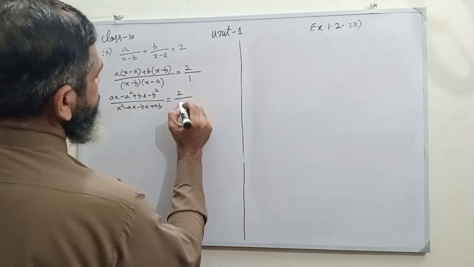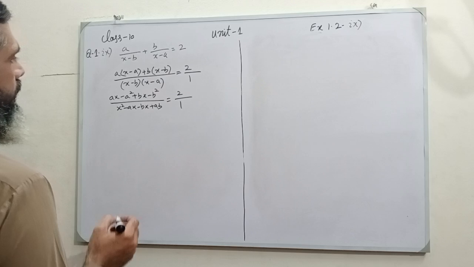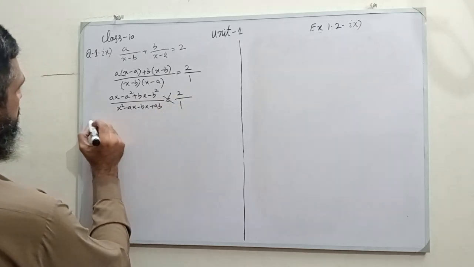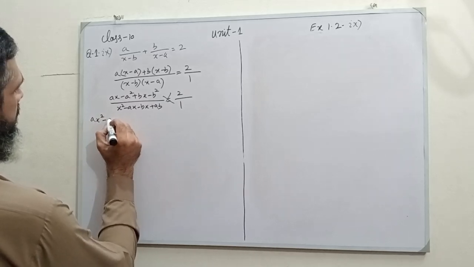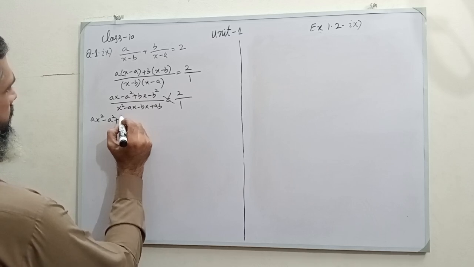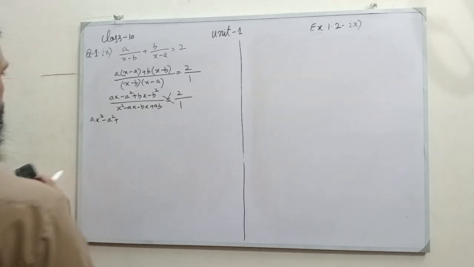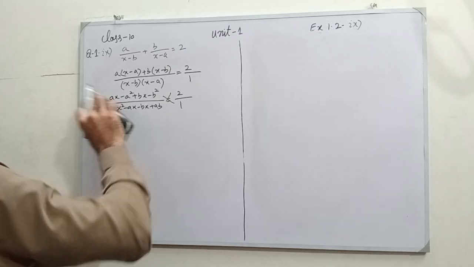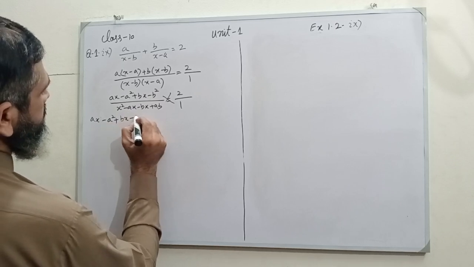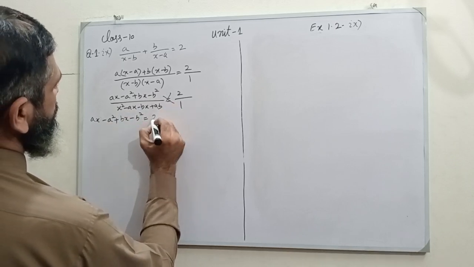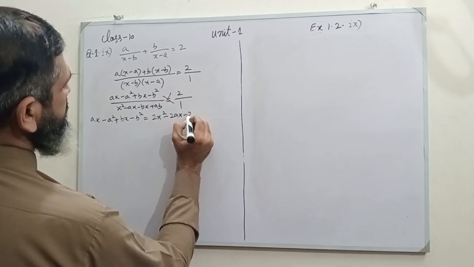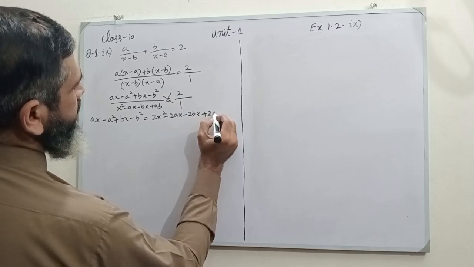Here 2 over 1. So we will use the cross multiplication method. Here ax minus a square plus, sorry, here ax, only x, ax minus a square plus bx minus b square is equal to 2x square minus 2ax minus 2bx plus 2ab.